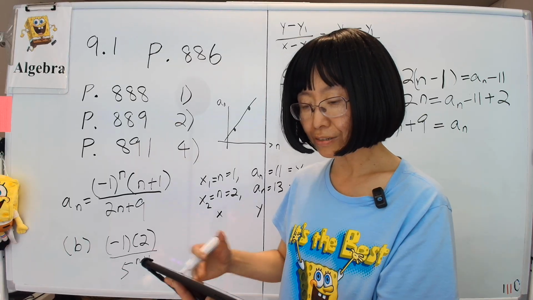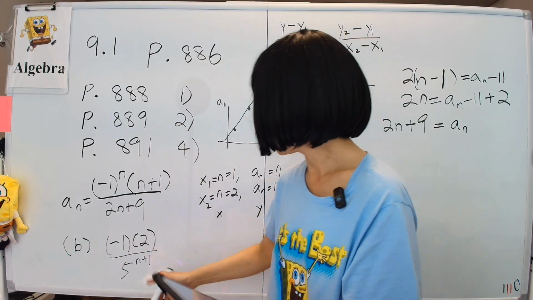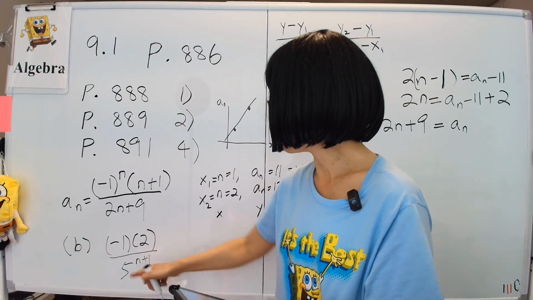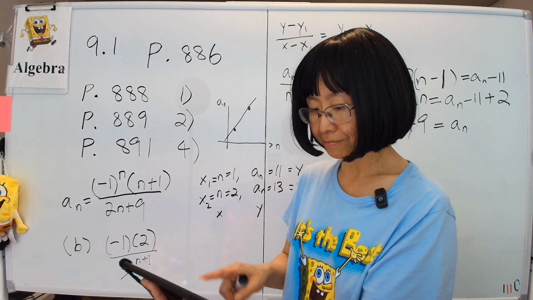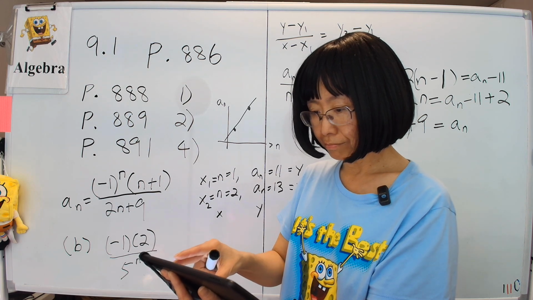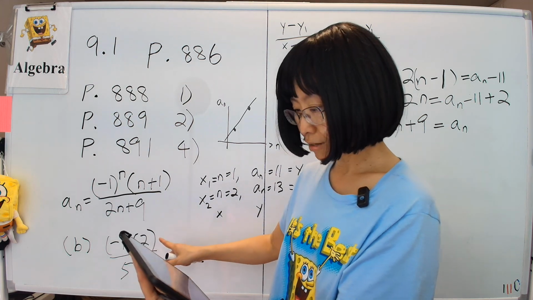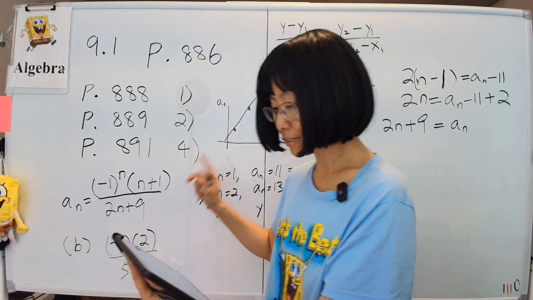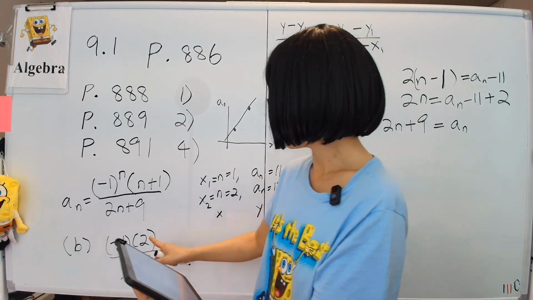The first one is squared, the second one is cubed, the third one is fourth power. So each one is one more than its location. So that should be the answer. And what happens to the negative sign? It's right there. Minus 2 over 5 to the n plus 1 is the answer to part B.